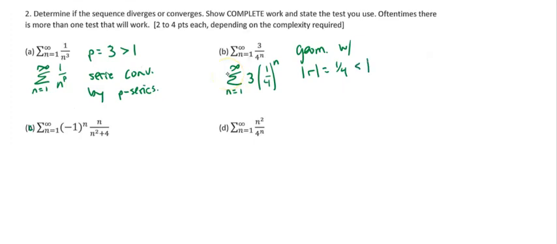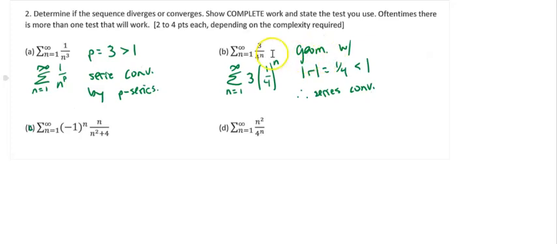I'm just going to write less than 1. And when that ratio is less than 1, therefore, the series converges. And that's all I've got to say. If the ratio were, say, 5/4, bigger than 1, then it would diverge. But this one is less than 1, so it converges.